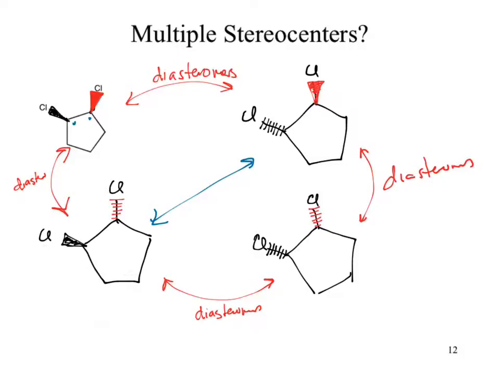For them to be identical, they must be superimposable. Are they superimposable in their current state? No. If I took this structure and just tried to directly overlay it, the chlorines are aimed in opposite directions. We could try and take the structure and flip it over. The instant I flip over this bottom structure, this dashed one will become out and at the other location. Okay? So they are non-superimposable.